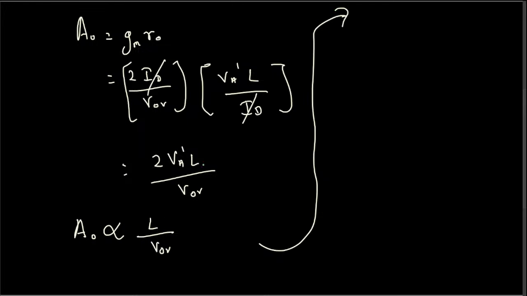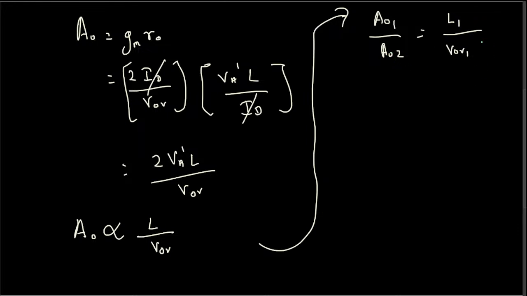Now we want to see for both of them, so if we find the ratio of the gain of the first one and the gain of the second one, that will be equal to the gain of the first one, we can say L1 over V_ov1, and the gain of the second one is in the denominator, so that's going to be flipped.